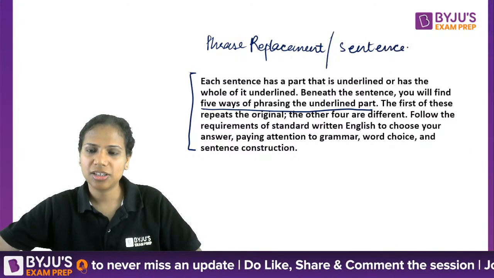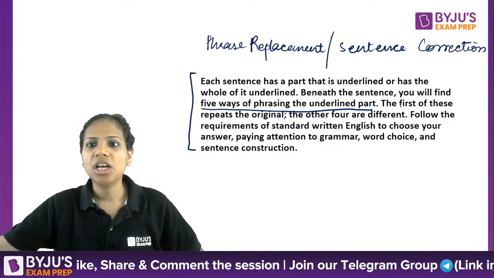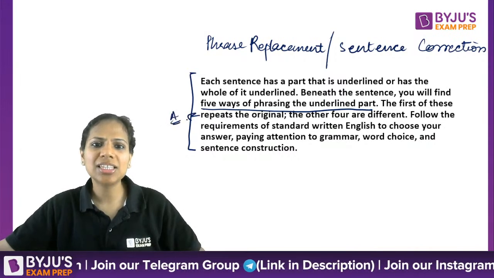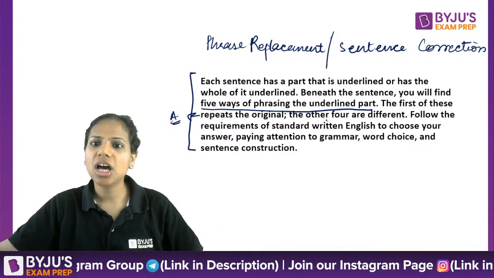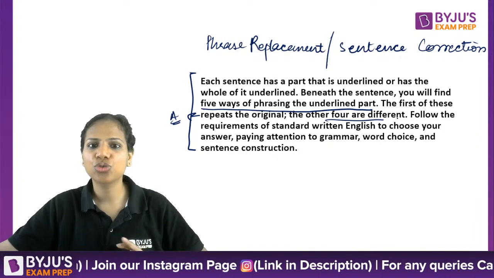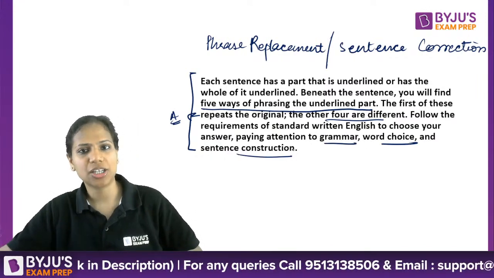The first of these repeats the original. So option A is the same as the original sentence. The other 4 are different. Follow the requirements of standard written English to choose your answer, paying attention to grammar, word choice, and sentence correction.